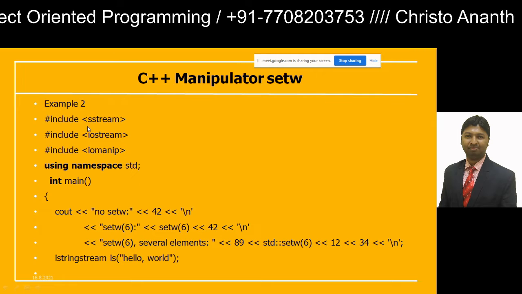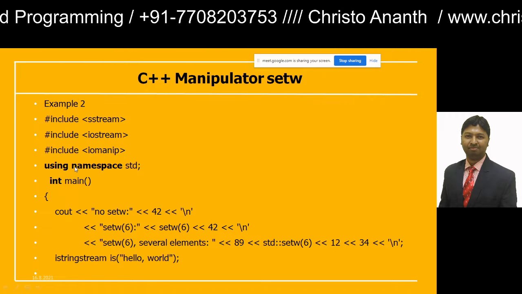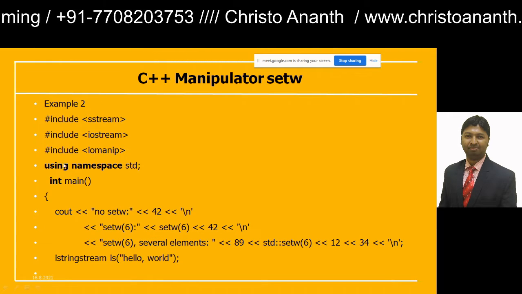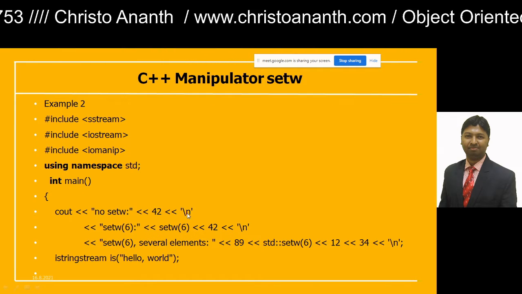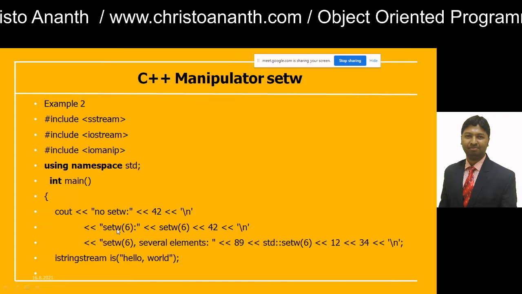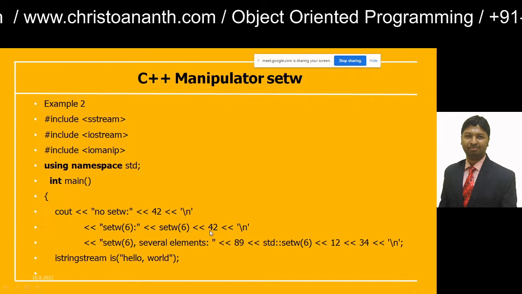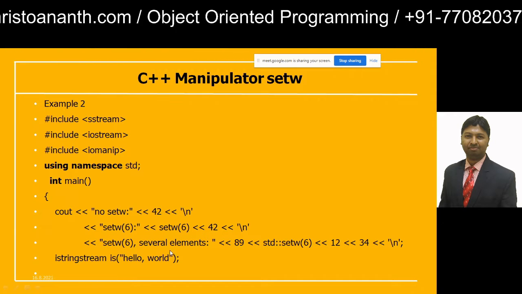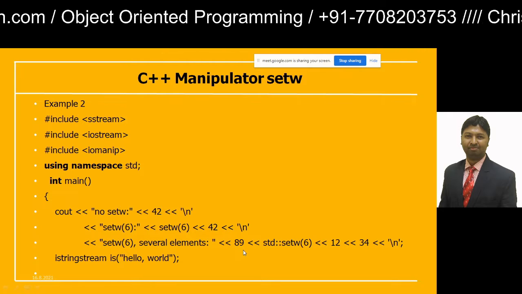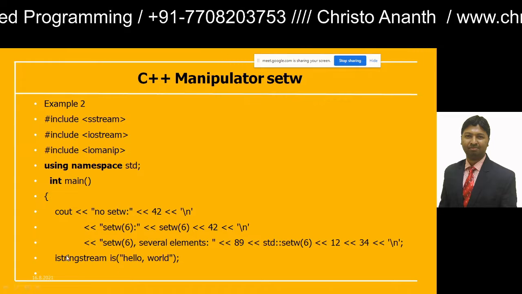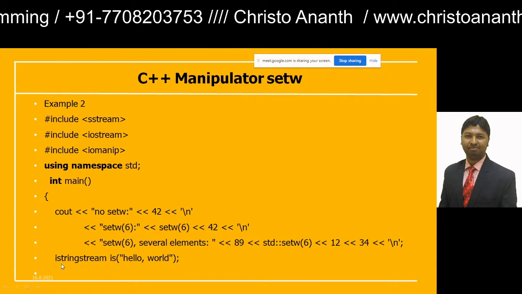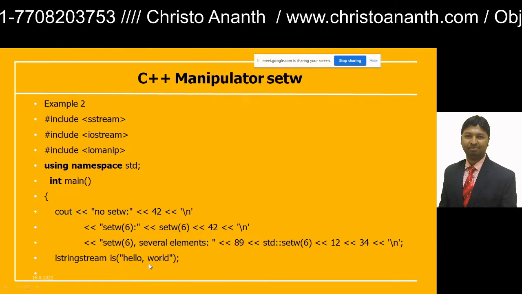Once again, #include <string>, #include <iostream>, #include <iomanip>, using namespace std, function in main. Cout setw of 42, and then setw of 6. Several elements you include as 8. You are fixing the limit now from 12 to 34, and you have a string, hello world.